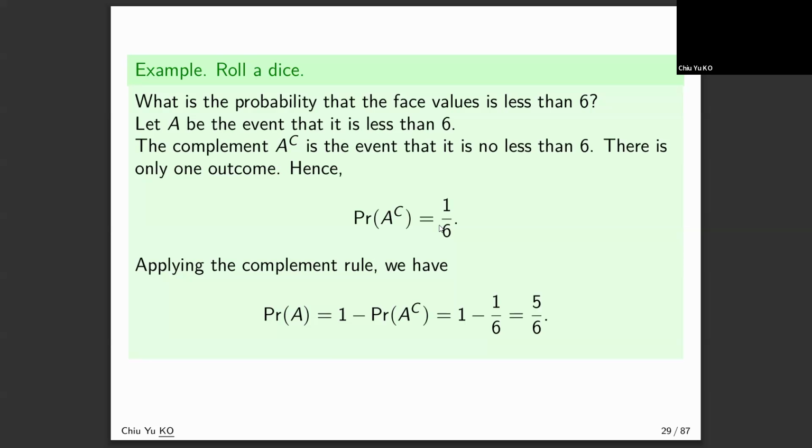Why do we do that? First, when we do that, we don't need to make any assumption on whether some outcome between 1 and 5 is more likely than another. As long as the probability of 6 is 1 over 6, you're done. Maybe 1 is more likely than 2, it doesn't really matter. We don't need that assumption.